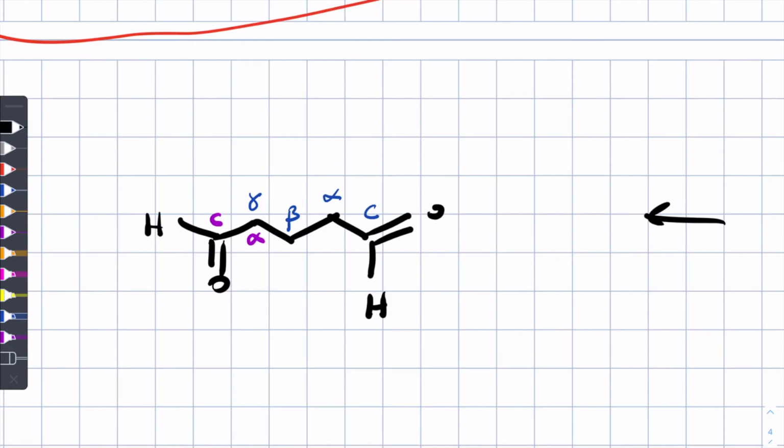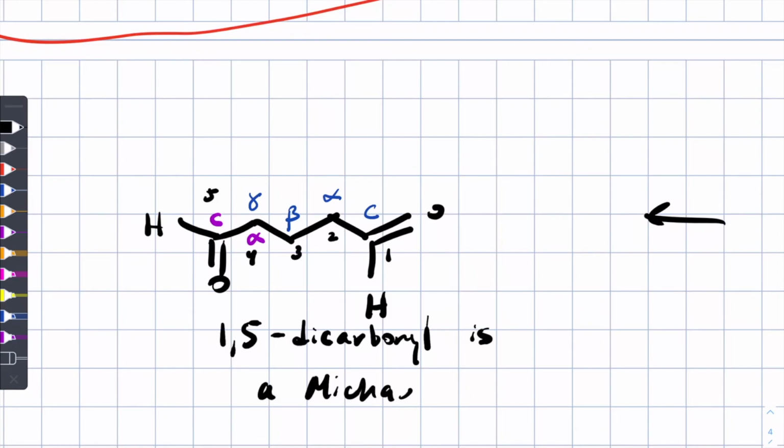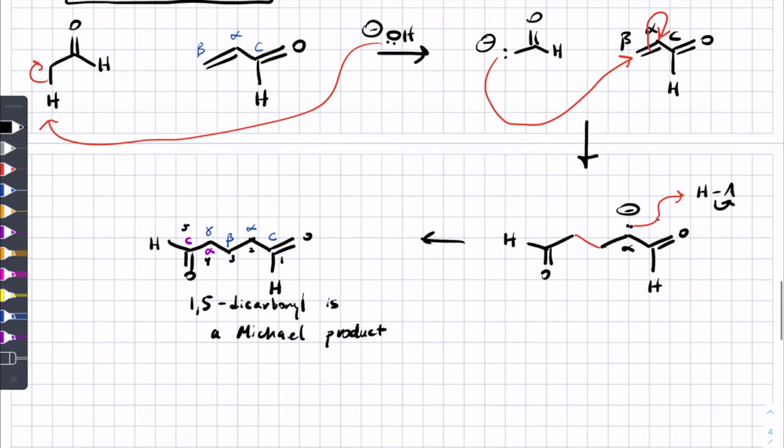The other way, which is simpler, is just to number 1, 2, 3, 4, and 5. A 1,5-dicarbonyl is a Michael product. If you have a 1,5-dicarbonyl, you could have made that via the Michael reaction. All right, questions about that?